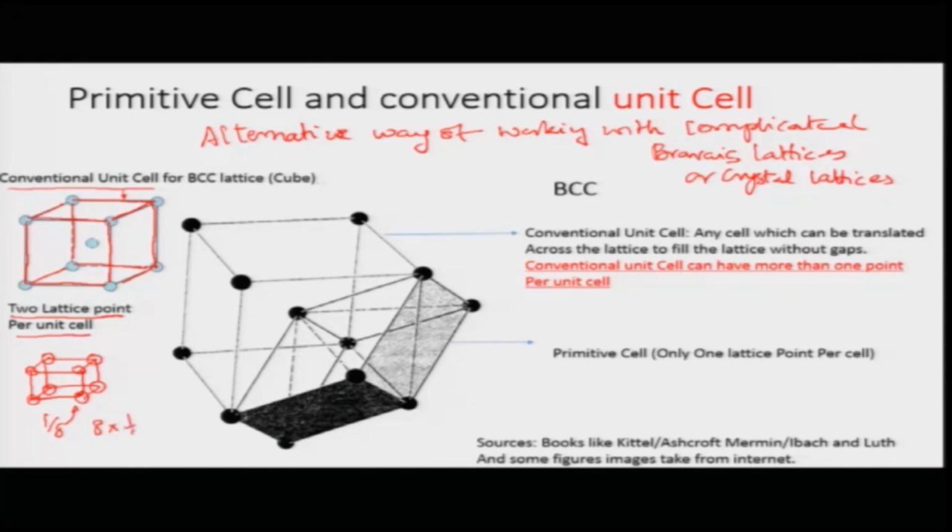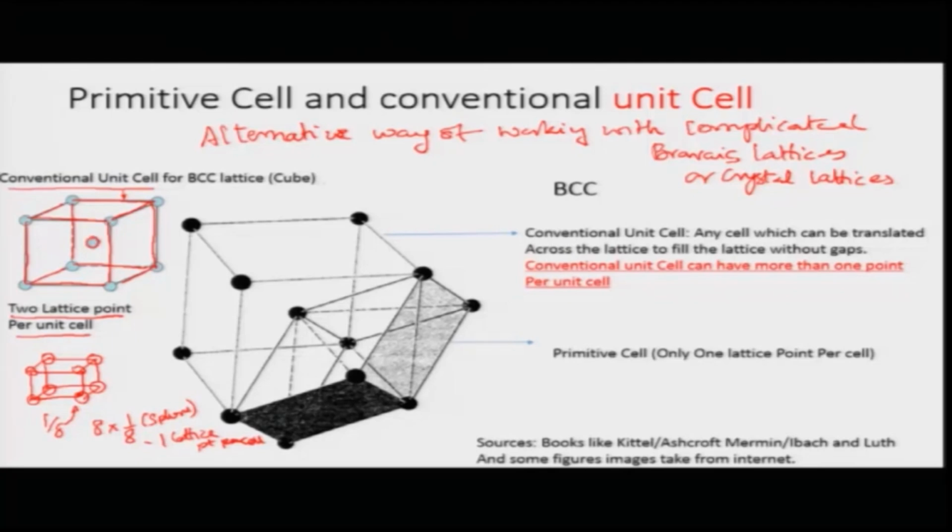So, 8 times 1/8 of a sphere will give you 1 lattice point per cell for a simple cube, but a body centered one has another point which is sitting in the center.